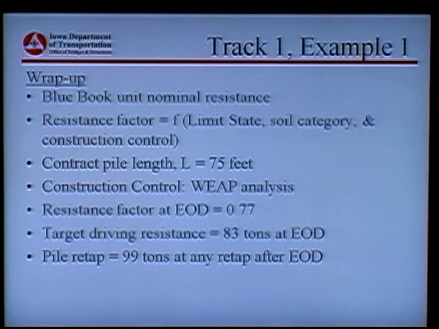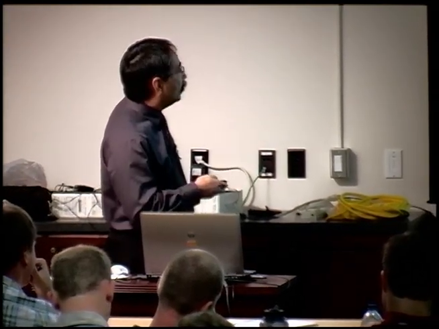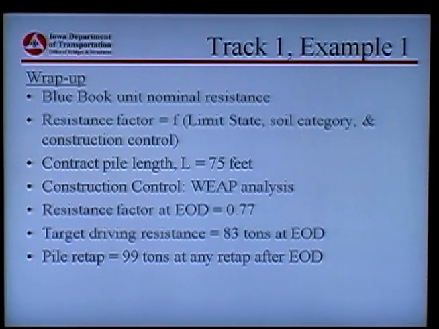We had a net resistance factor at end of drive of 0.77. That was to estimate the lengths, right? Remember, this is what we calculated back here when we factored in the setup, which is higher than what we've been using as a default of 0.725 up till now. And what that should equate to is a shorter pile length.